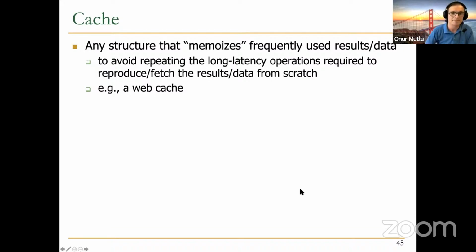And similar design decisions also appear in these caches, like what should be the size of the cache, what should be put in there, what should not be put in there. You can also ask what kind of prefetching you do into the cache. Can you preload? For example, when you are visiting a web page, your browser may be aggressively prefetching the links on that web page based on some information, or even without any information, and preloading them into this web cache.